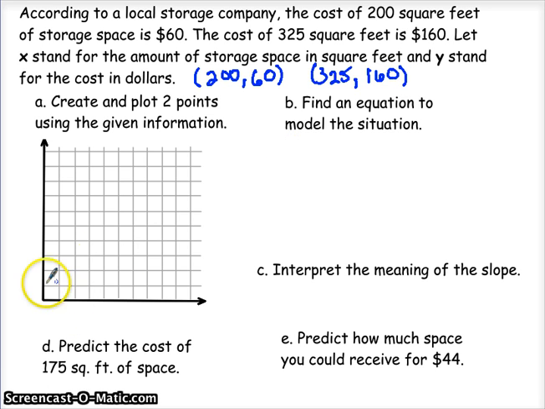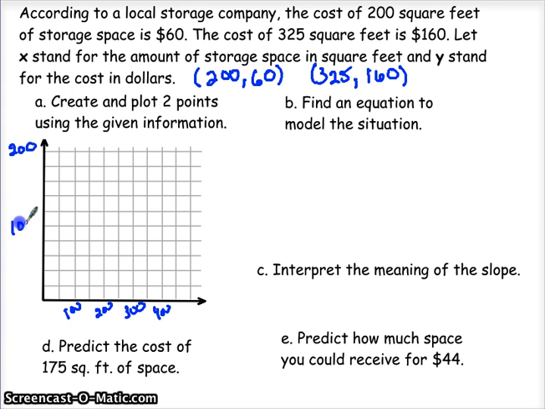And then we can go on our graph here and we can plot those points. So looking at 200 and 300, maybe we'll count by 50s. Call this 100 and 200, 300, 400 here. And we can plot the points. Then 60 to 160, my guess is we're going to want to top out at about 200 then.